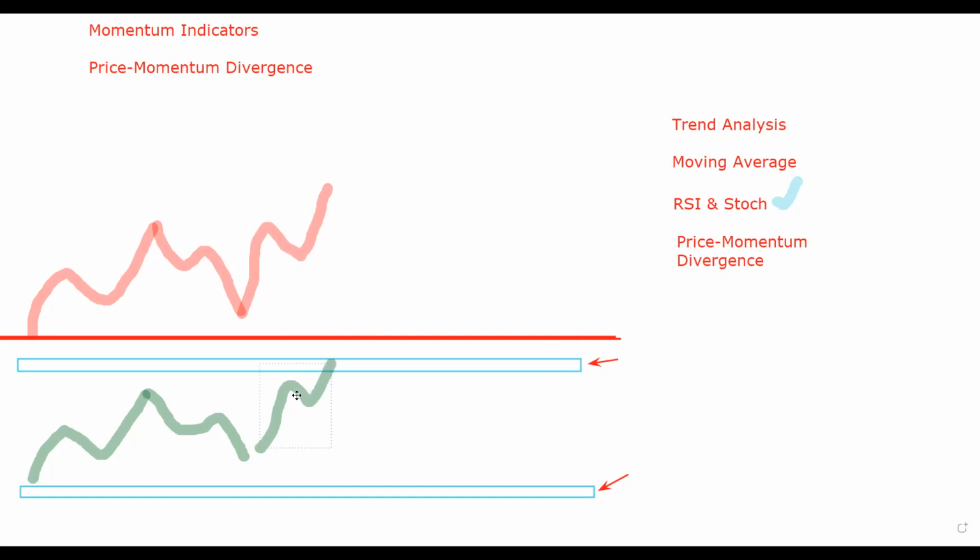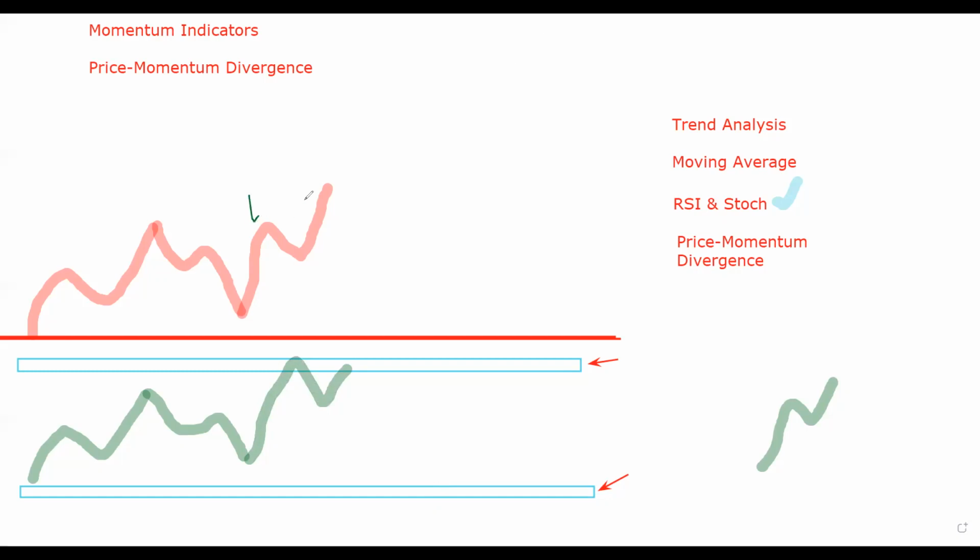But instead of this one giving us a higher high, it now gives us a lower high, like this. It goes up like this and something like this. So what happens there? This one is giving us a higher high.